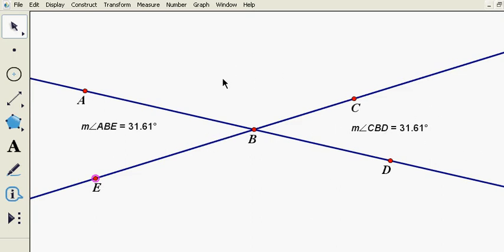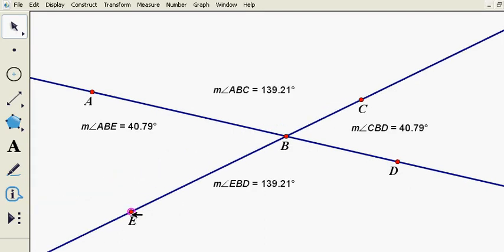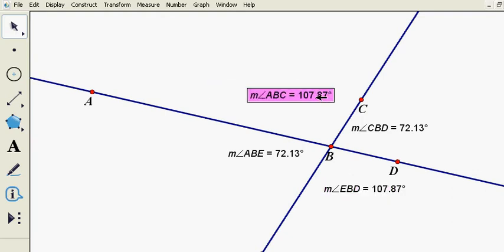We're also going to produce ones at the top and the bottom that are also vertically opposite, and so they will also be the same. I'll have the computer measure those, and we can see those are the same as well. And if I change my diagram at all, and I slide things around so it looks quite different, my two vertically opposite angles that are side by side are the same, and my vertically opposite angles that are above each other are also still the same.